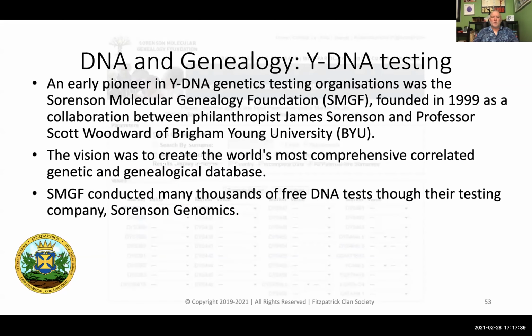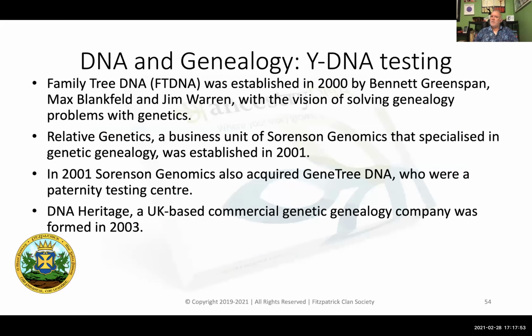And so they worked with his organization, Sorensen Molecular Genetic Foundation, and they were really one of the pioneers in early genetic testing through a company called Sorensen Genomics. Okay, Family Tree DNA came along at a similar time.